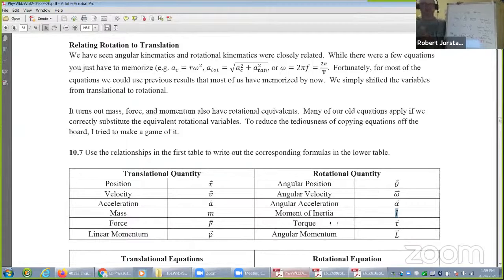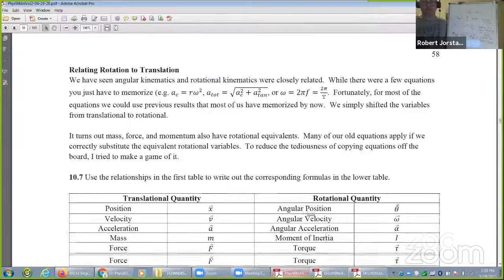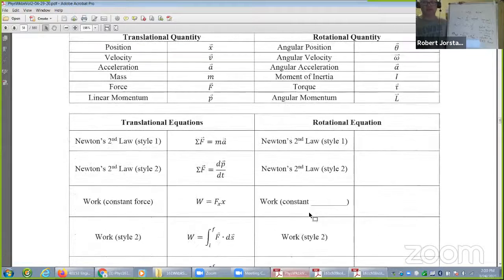Rotational mass and regular mass are not the same. Force is going to change to torque. Momentum is going to change to a thing called angular momentum. So let's try this out. 10.7 on page 58. You've got the table there.